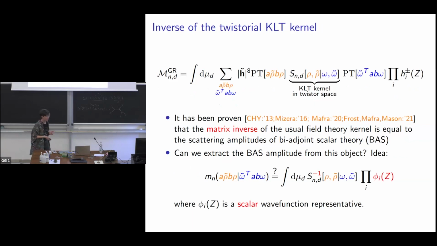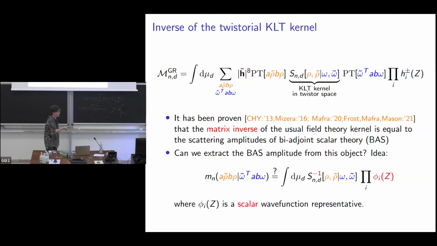Okay, so as I mentioned right at the very start, the field theory KLT kernel has this really beautiful property that if you invert the matrix with respect to the color orderings, you get another theory called bi-adjoint scalar theory. And so something that would be really nice to have is, if we inverted this matrix and integrated it in some way to soak up the weights with some scalar wave function representatives, does this also make sense as an object?